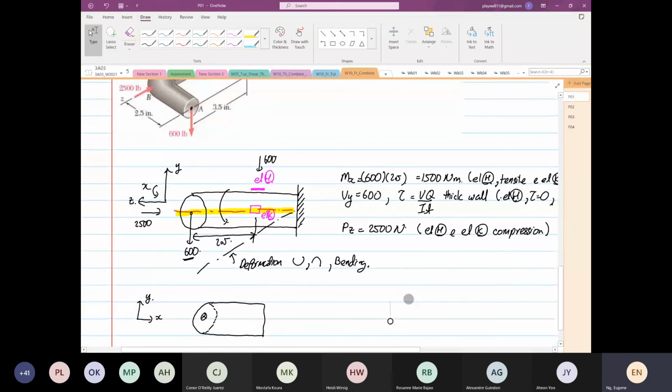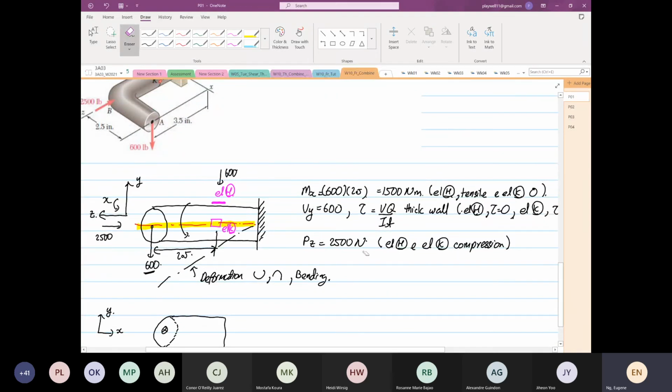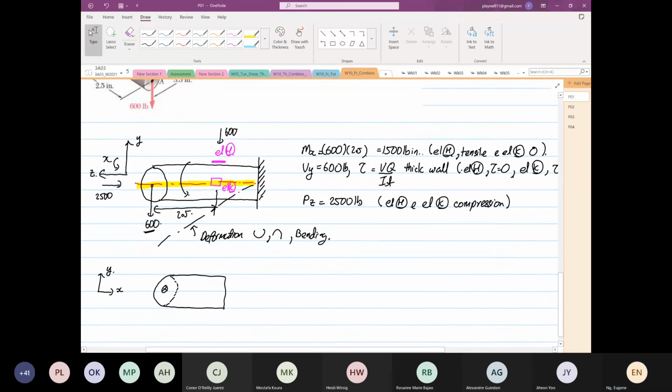Oh, they are all in pounds. Then we have a load coming down here. So this load is going to be 600. There's a load at the cross, that is our 2,500.